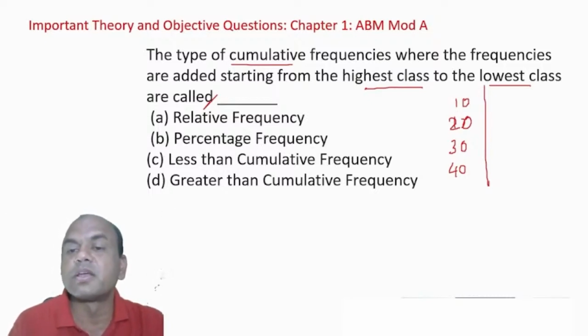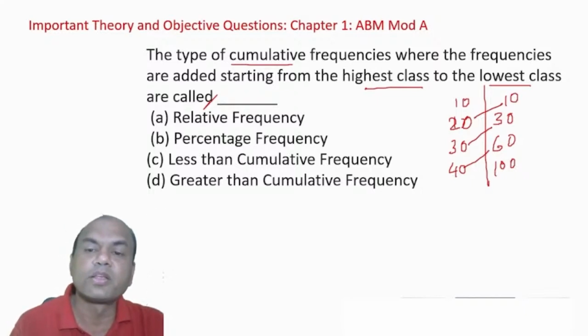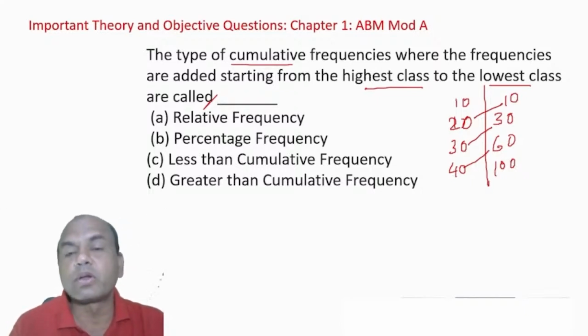The accumulation of 10 is 10 only. Of 20 it is 20 plus 10, 30. Of 30 it is 30 plus 30, 60. Then 60 plus 40, 100. So cumulative means addition of all these numbers before. So this is cumulative.